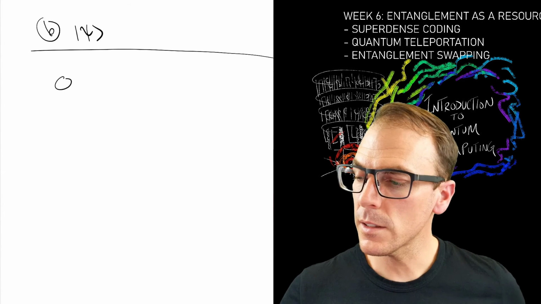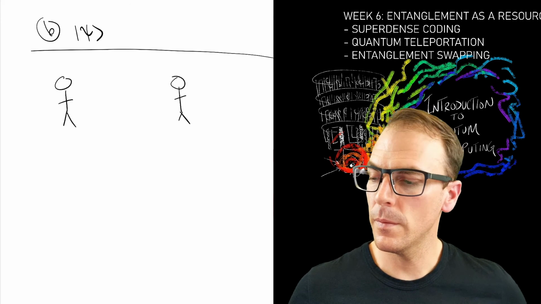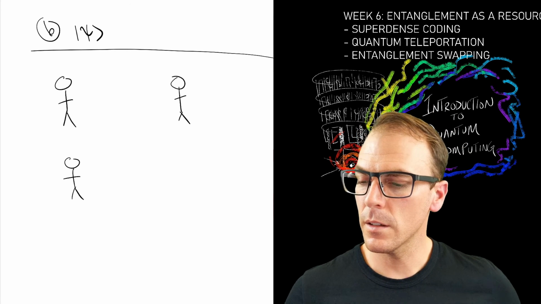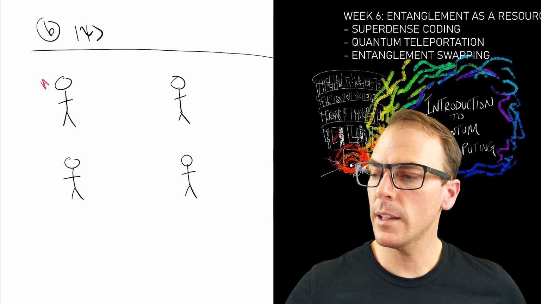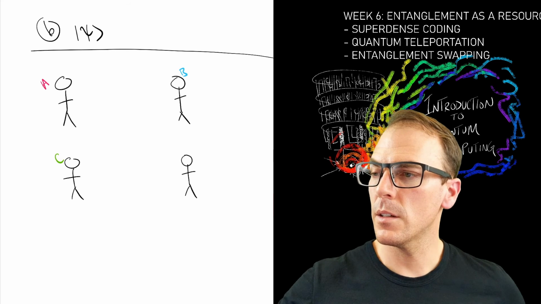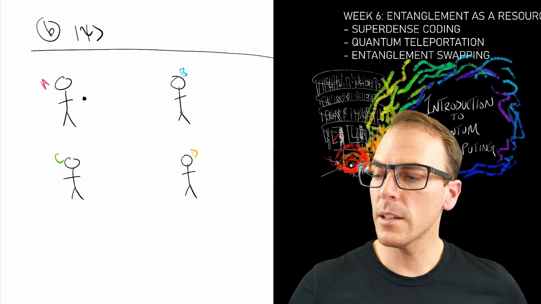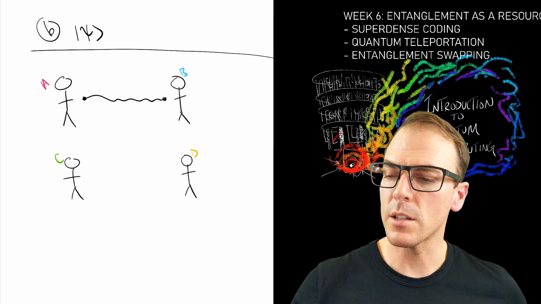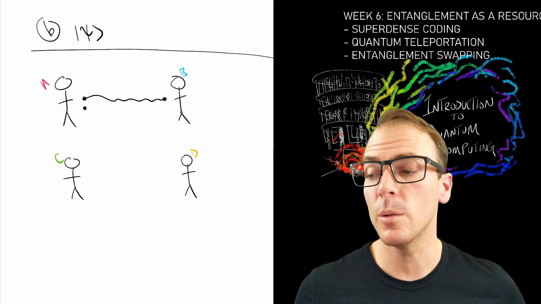With Alice and Bob and Charlie and Diane. We have Alice, Bob, Charlie, and Diane. And Alice and Bob initially share some entanglement to perform their teleportation protocol. Alice has 2 qubits.